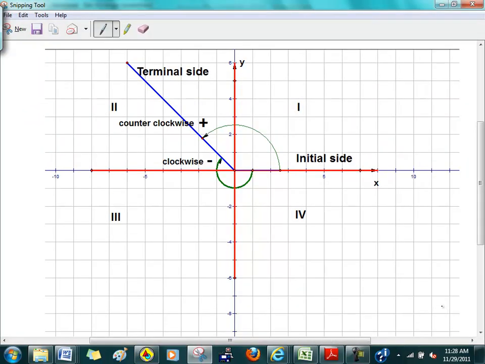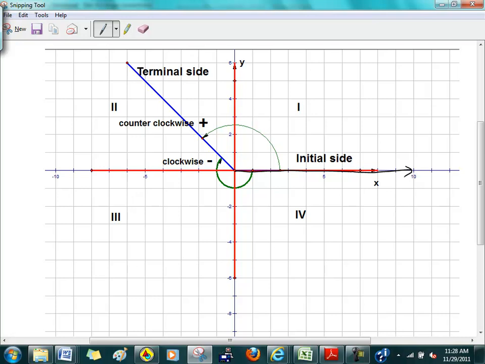From geometry, you know that angles are formed by 2 lines. In pre-calc, the initial side of the angle is always on the positive x-axis. So here's your initial side, on the positive x-axis.